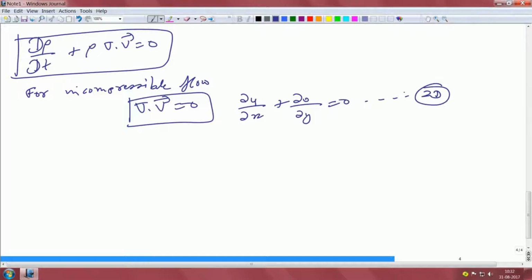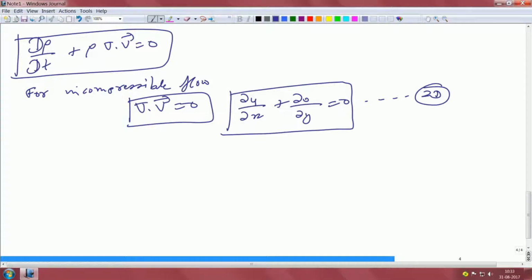This will be the most common form that we will use. It says that the volumetric dilatation is equal to 0: du dx plus dv dy is equal to 0. If there is a third dimension, plus dw dz will also be equal to 0. This is incompressible, when density is not changing with the flow field.